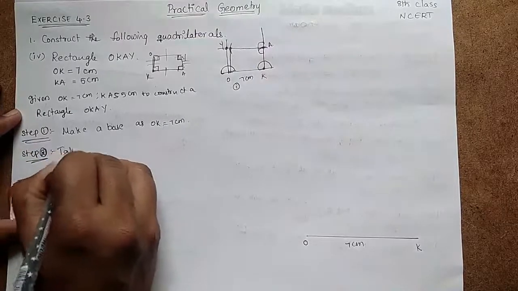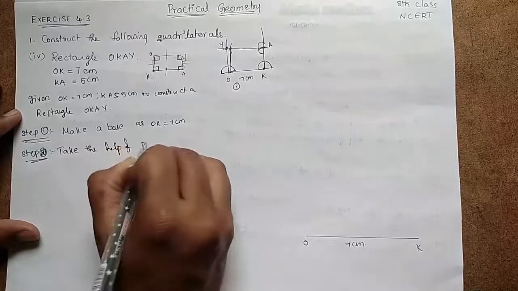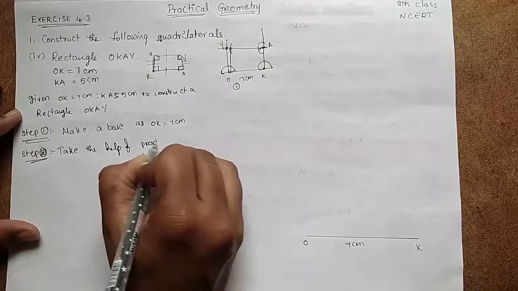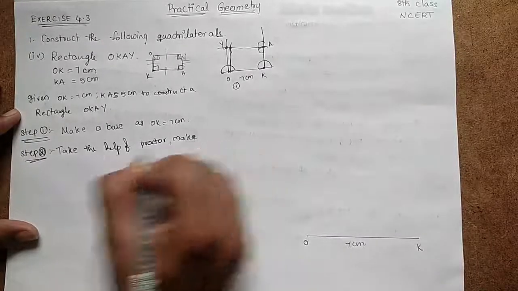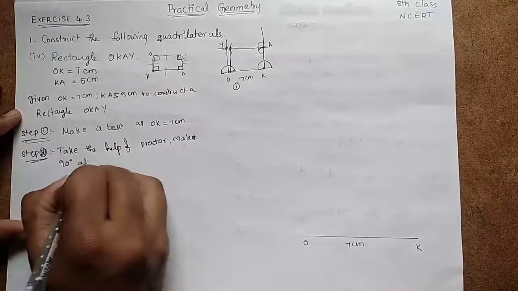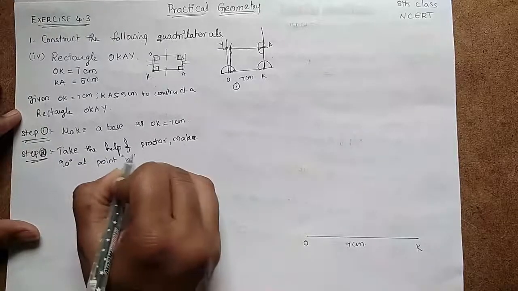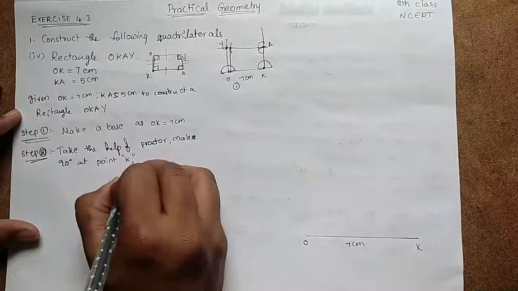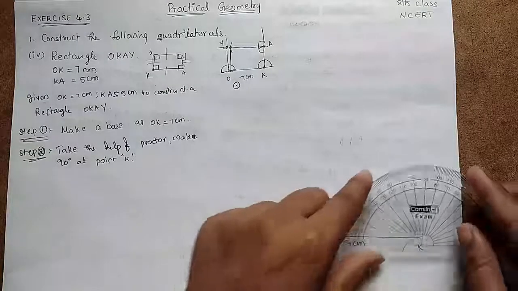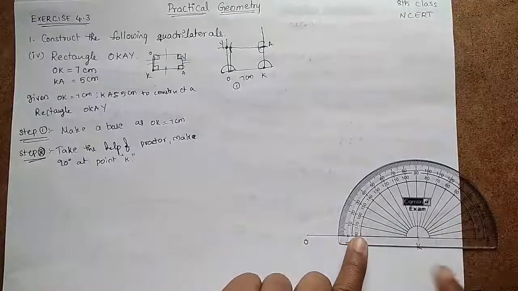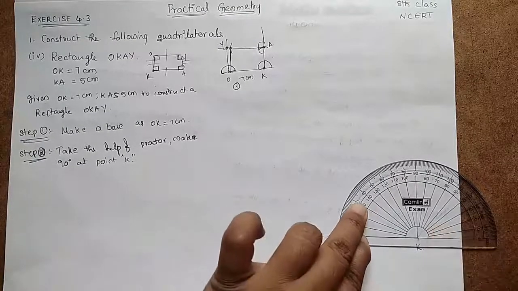Take the help of protractor, make 90 degrees at point K. So take the help of protractor and make sure that the point must be where we have to measure the angle, and the line should be parallel to the 0 degrees line.